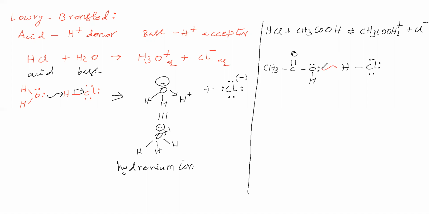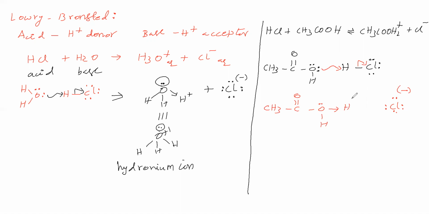Now this oxygen is contributing a lone pair. This bond pair is shifting towards Cl. So what happens, we will see. This CH3CO, this O, here lone pair, here dative bond, H is there. This Cl we will write separately. Now Cl will have 4 lone pairs, because the bond pair is shifting towards Cl as a lone pair.